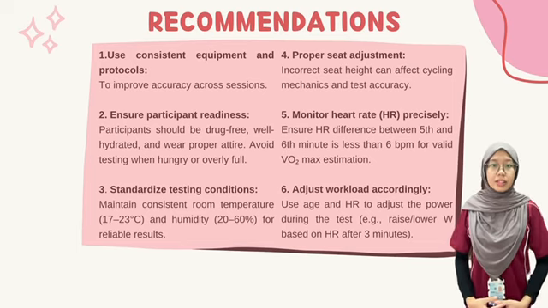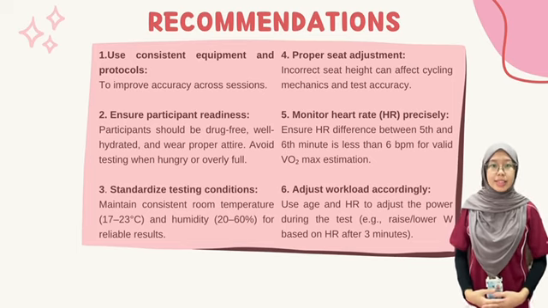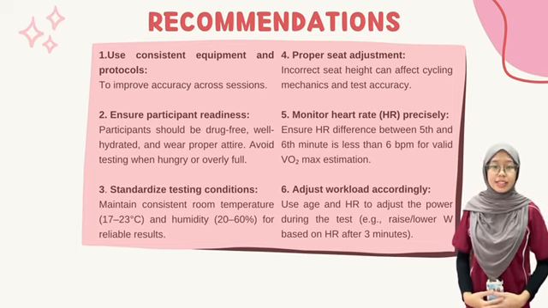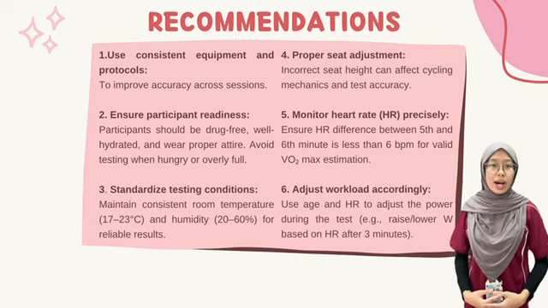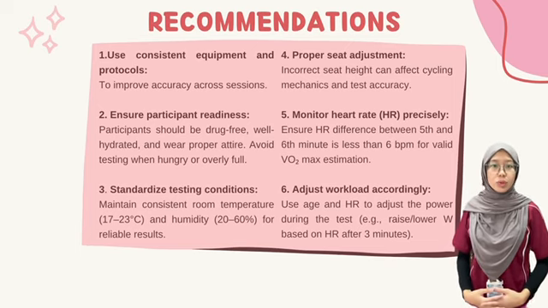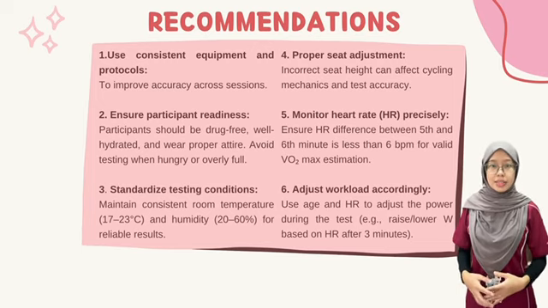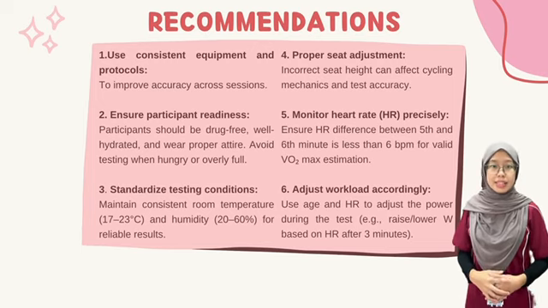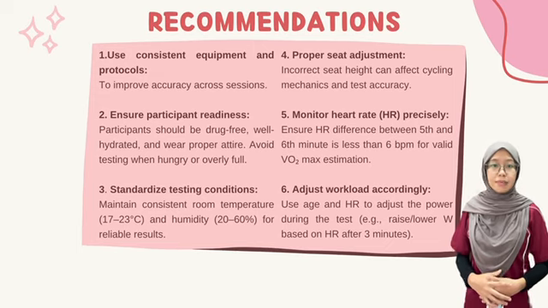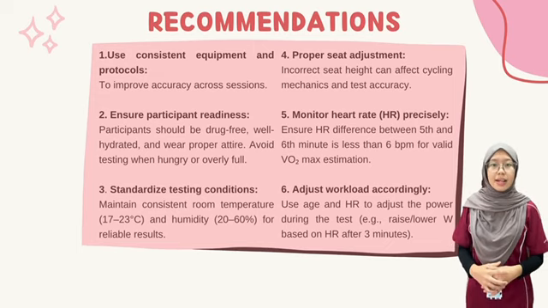The next recommendation is to make sure the seat height on the cycle is correct. If the seat is too high, the hips will move too much or the heel may slip off the pedals. A proper seat height will make the participant more comfortable and help them pedal correctly.